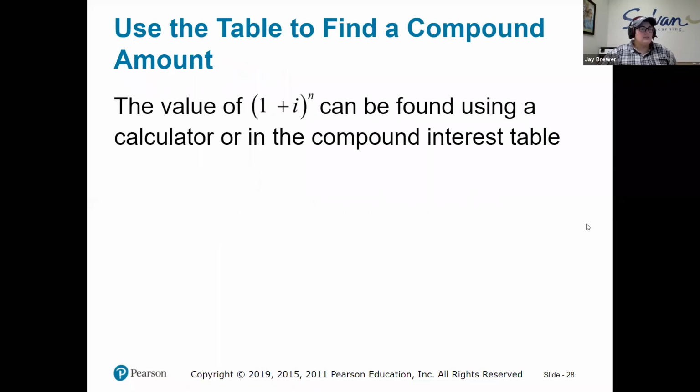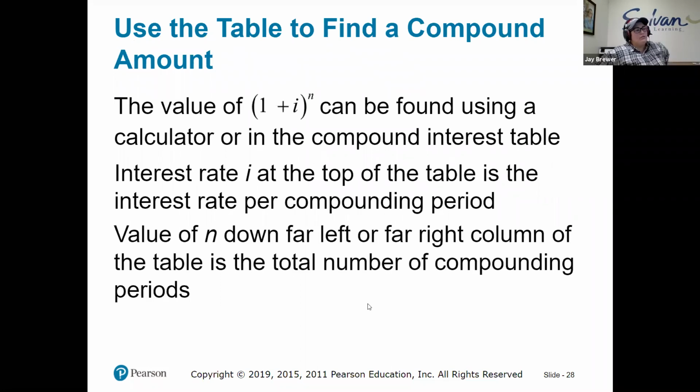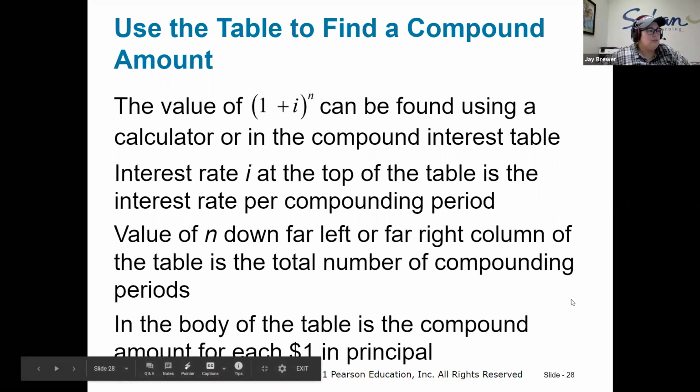That's almost $2,000 in interest. This value can be found using a calculator or in the compound interest table. You can use either for your exams. The interest rate per compounding period is at the top of the table, and the value of n is down on the far left or the far right, so you can use either side of the table, whichever gets you the answer easier.